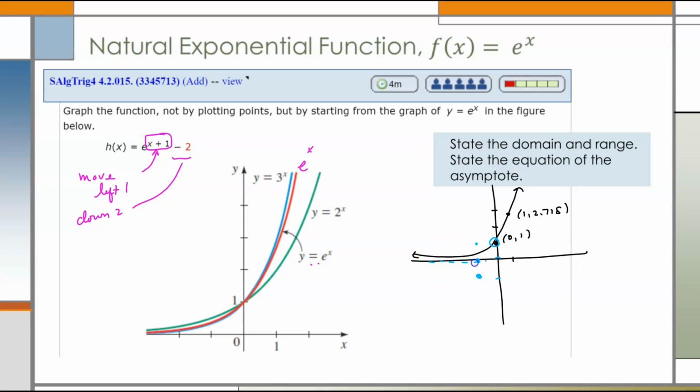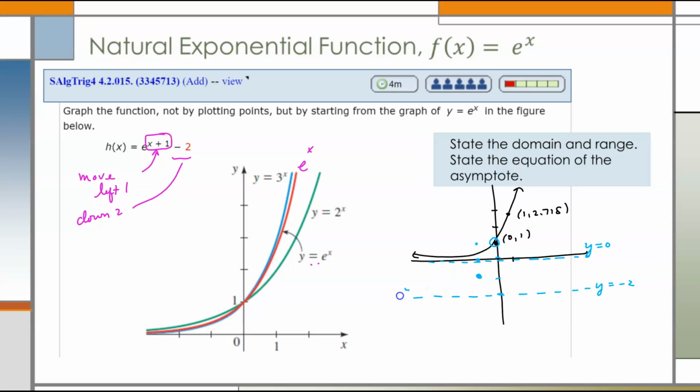Okay, I'm going to work with our horizontal asymptote. If we slide this left, that really doesn't have any effect, but if we move it down 2, we would be here instead. We're going to take this focal point and move it left and down 2.